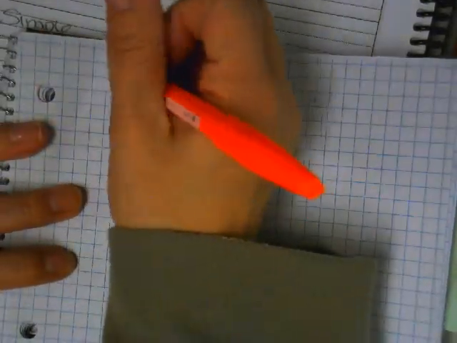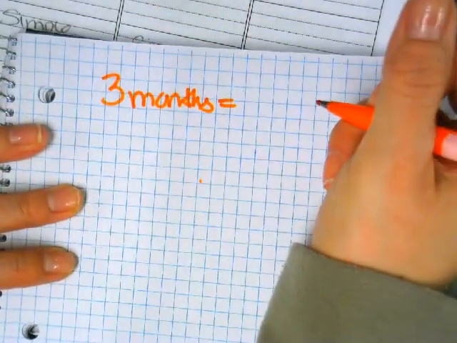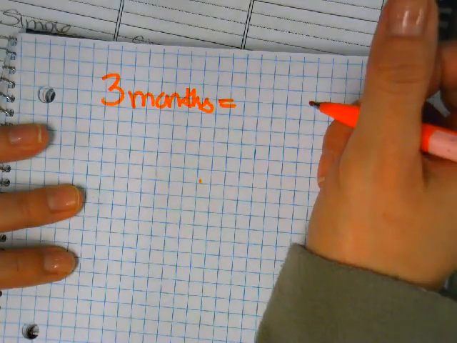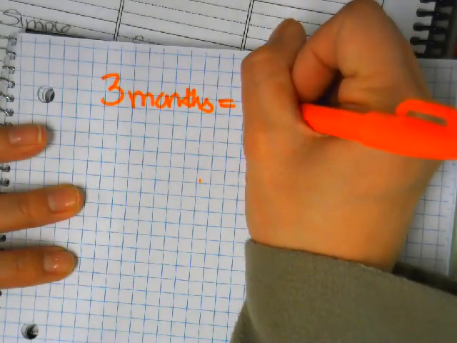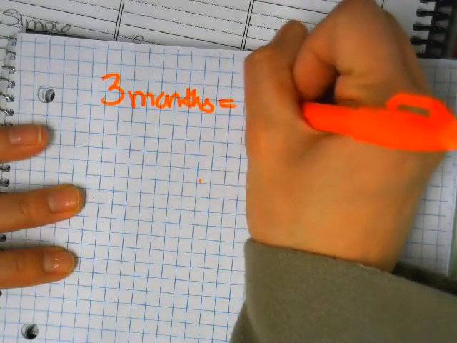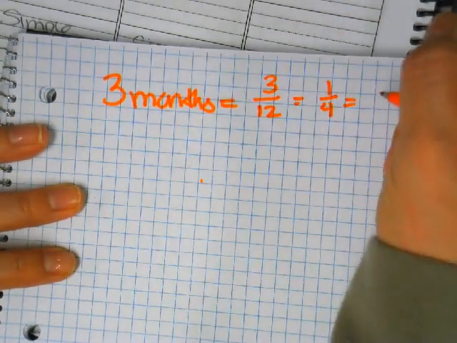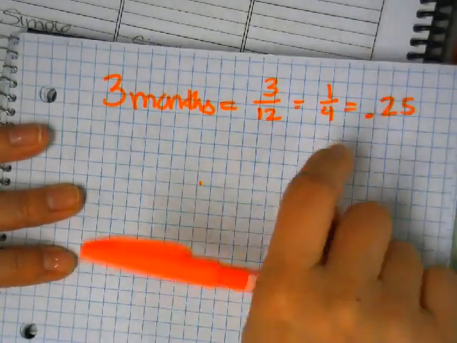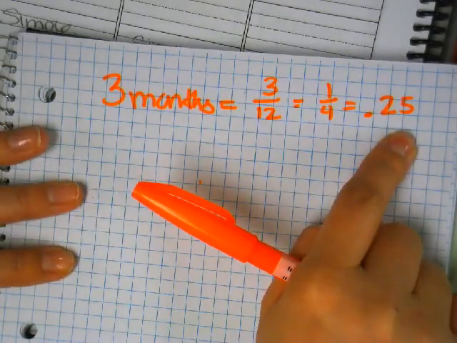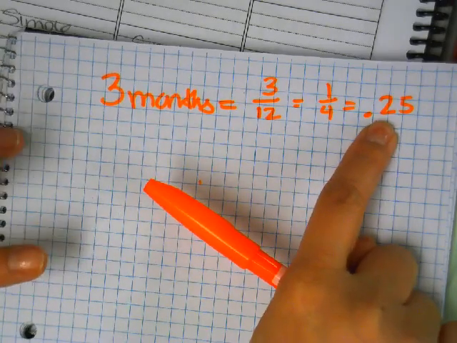This will help you with your classwork. 3 months equals what fraction? 1/4. 3 over 12, which is equal to 1/4, which is equal to 0.25. As 7th graders, you should have memorized that 1/4 is equal to 0.25. So 3 months is 0.25. I already told you 6 months.